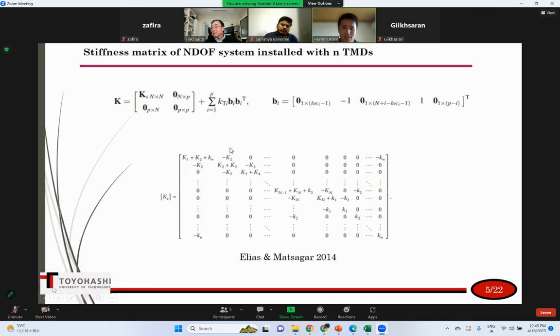And this is the matrix of stiffness. And this is the BI vector, but this is the stiffness matrix of a system with multiple TMDs, from Elias and Matsagar 2014.